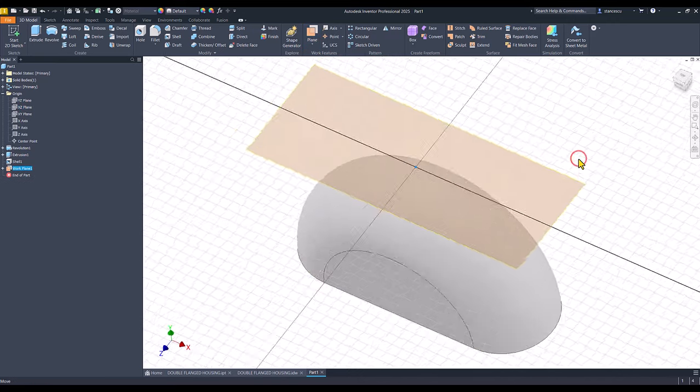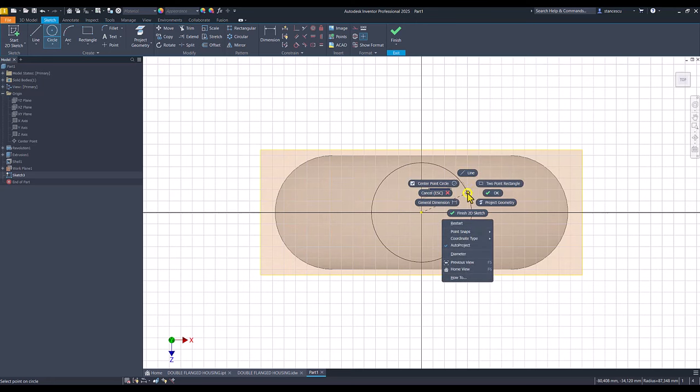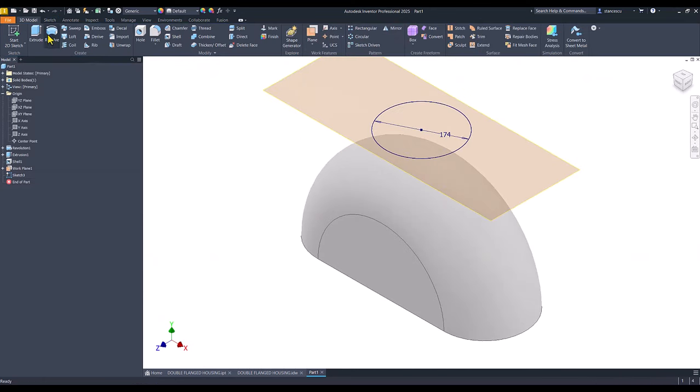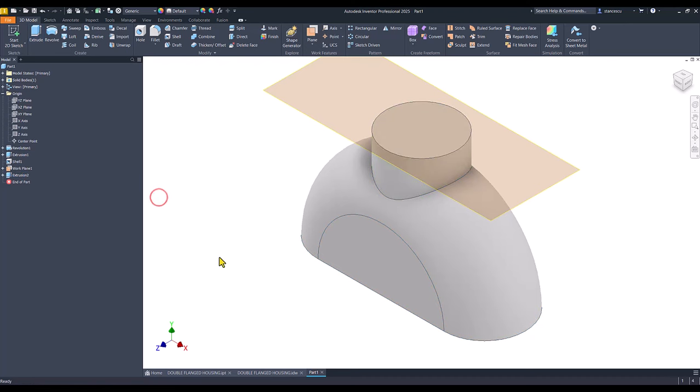Sketch, circle 174, diameter, finish sketch, extrude to the part. Okay.